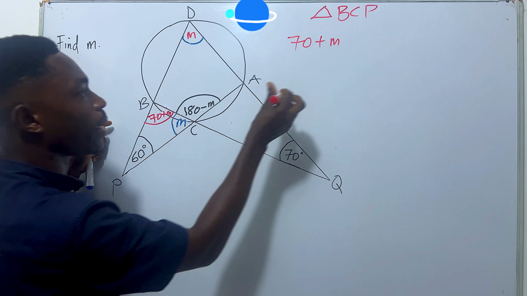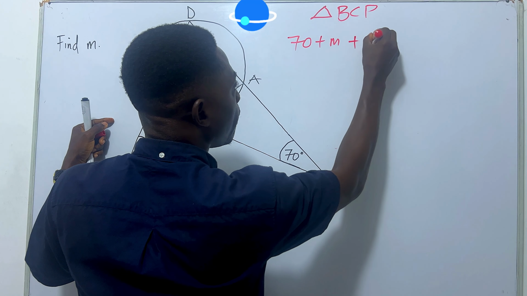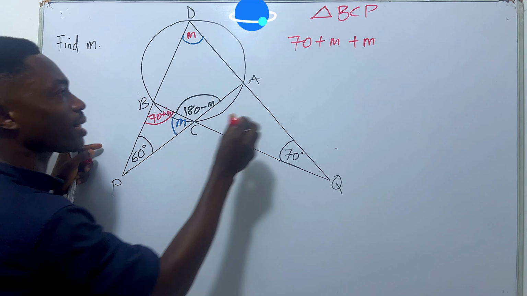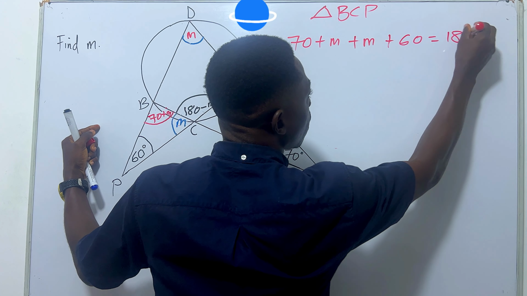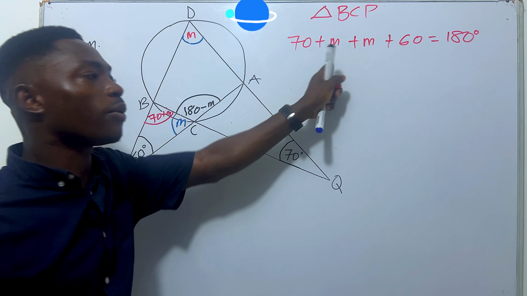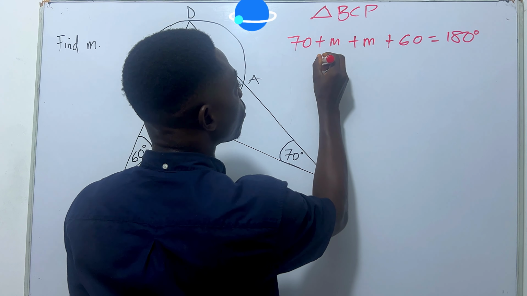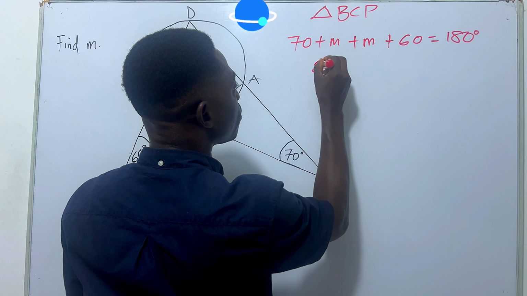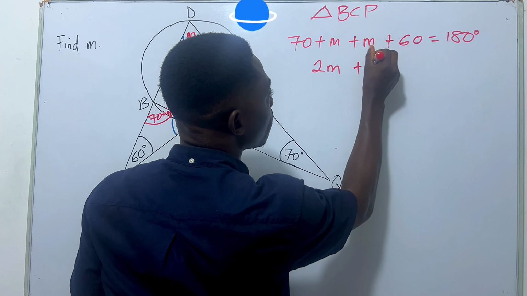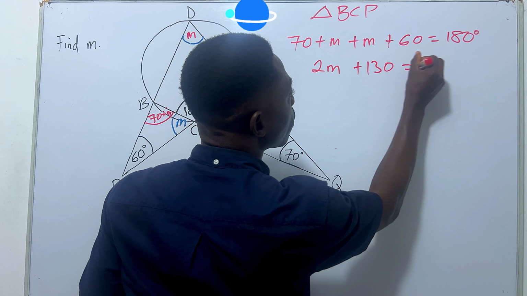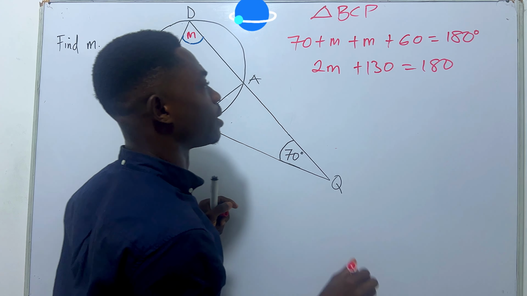Then plus this m, another m, which is this one, then plus 60. Plus 60 is equal to 180. Then we keep on going. So here we have m plus m, which is giving us 2m. Then 70 plus 60, which is 130. And this is equal to 180.